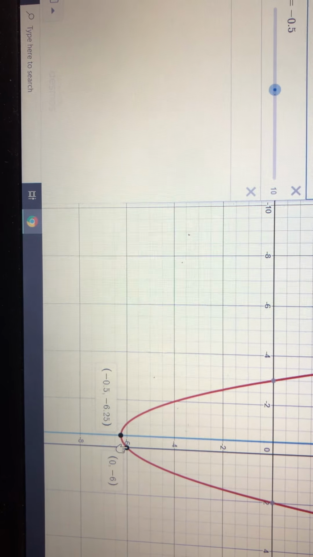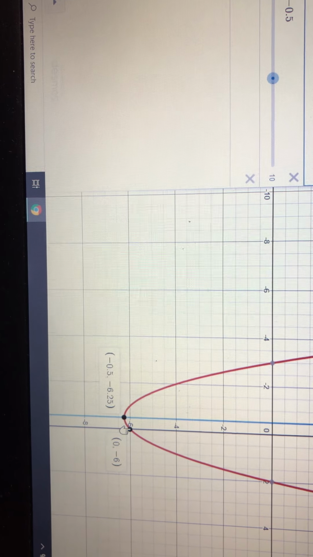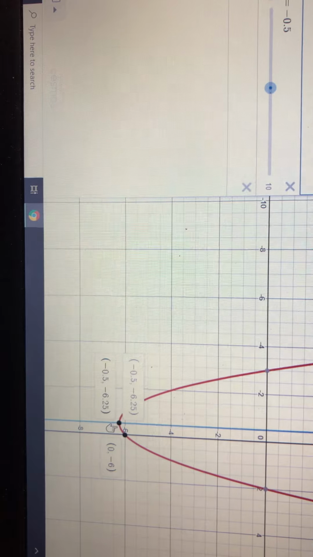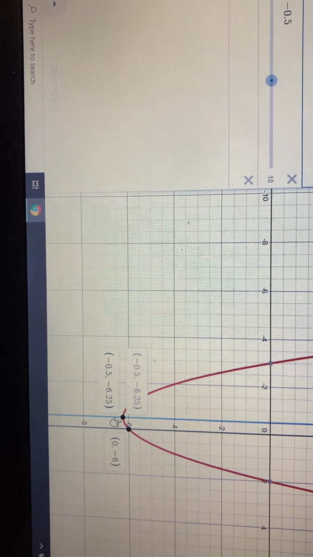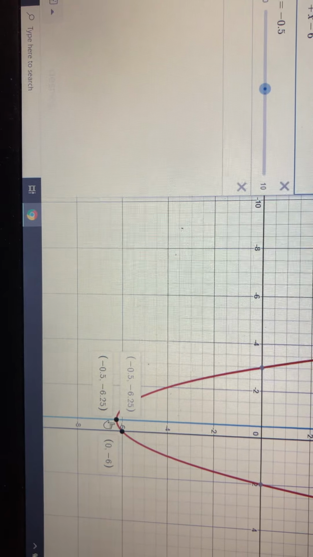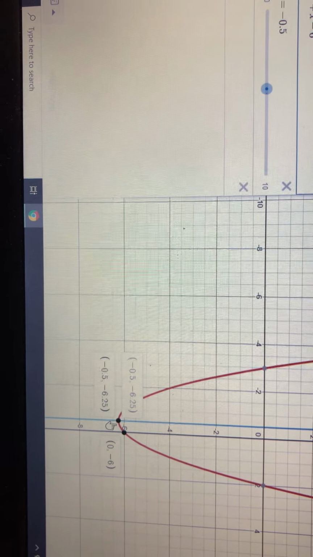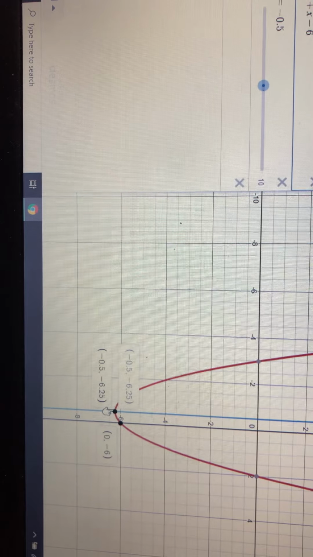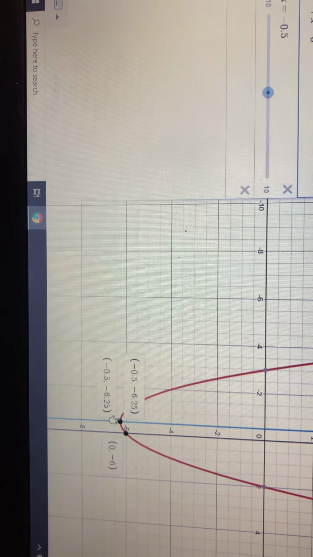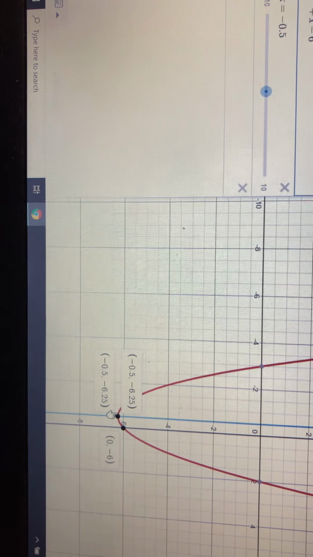The next thing that we did is we found the axis of symmetry at x equals negative 1/2, which we can see right there. I denoted it using a blue vertical line. That was really helpful, so we can see that axis of symmetry. There are the coordinates of our vertex here, (-1/2, -6.25).